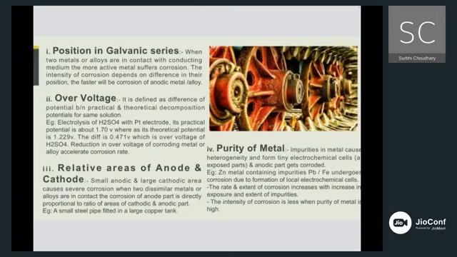The nature of the surface film. If we talk about the surface film, in an atmosphere where oxygen is present, that is an aerated atmosphere, the metal is covered with a thin surface layer of metal oxide.